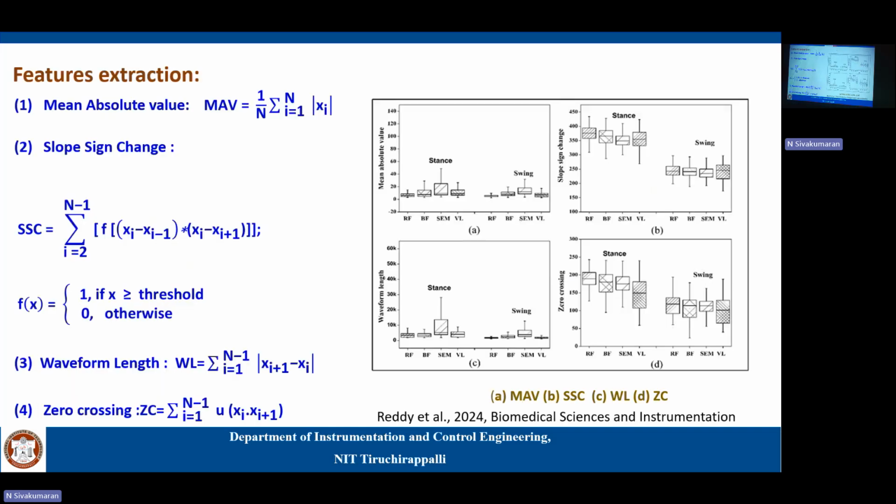With this, we have seen how the EMG changes when the leg is on the ground and when the leg is in the air, so stance phase and swing phase. We extracted some features: mean absolute value, slope sign change, waveform length, and zero crossing.